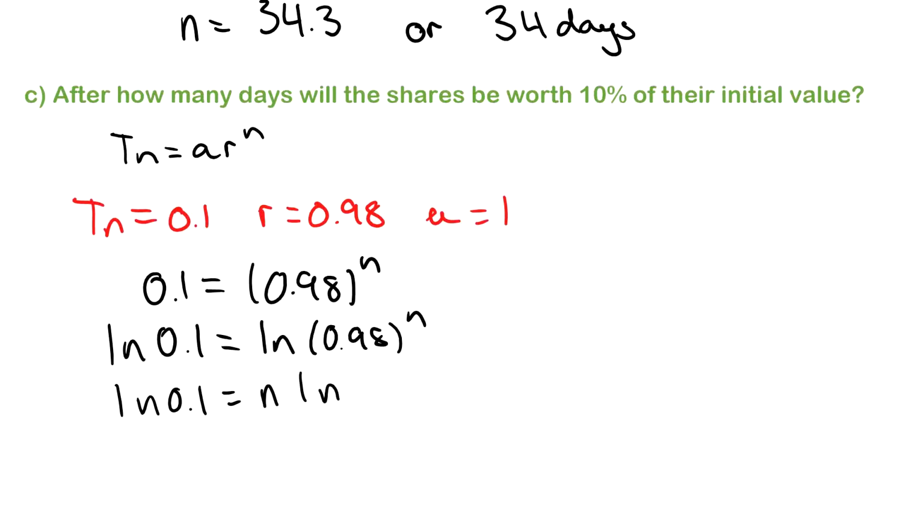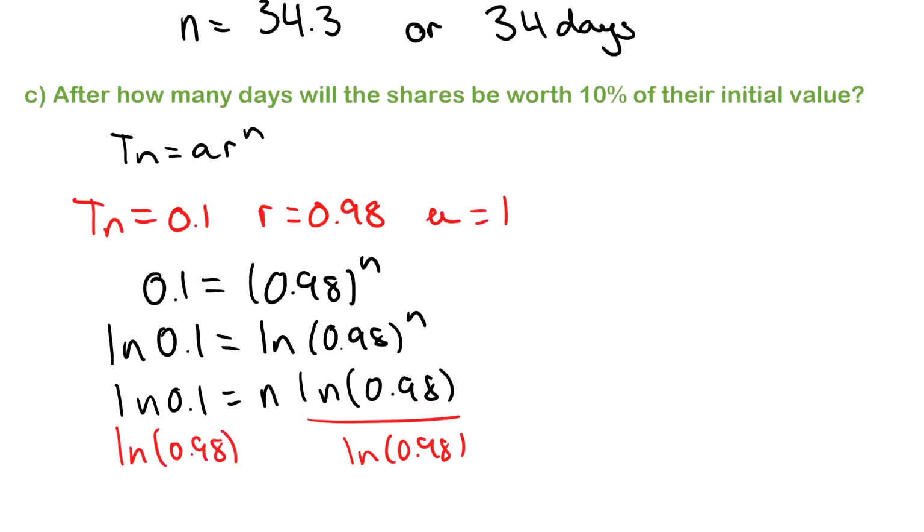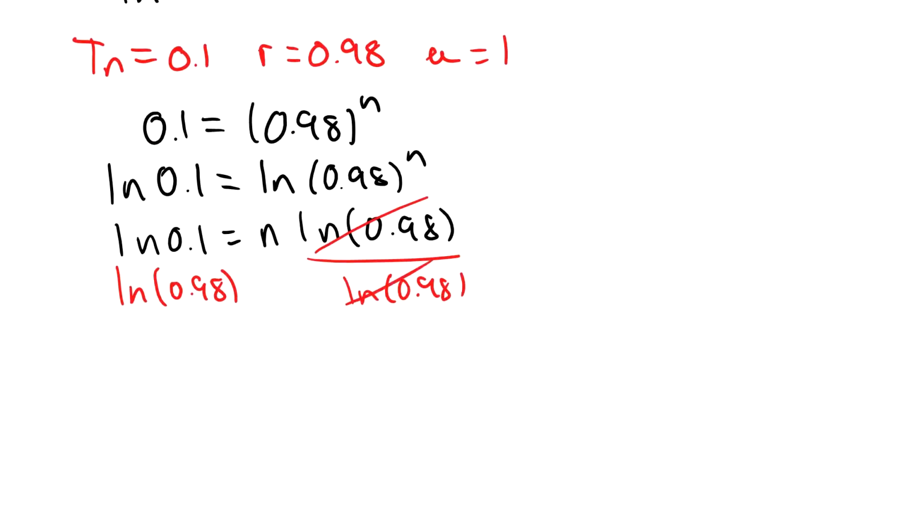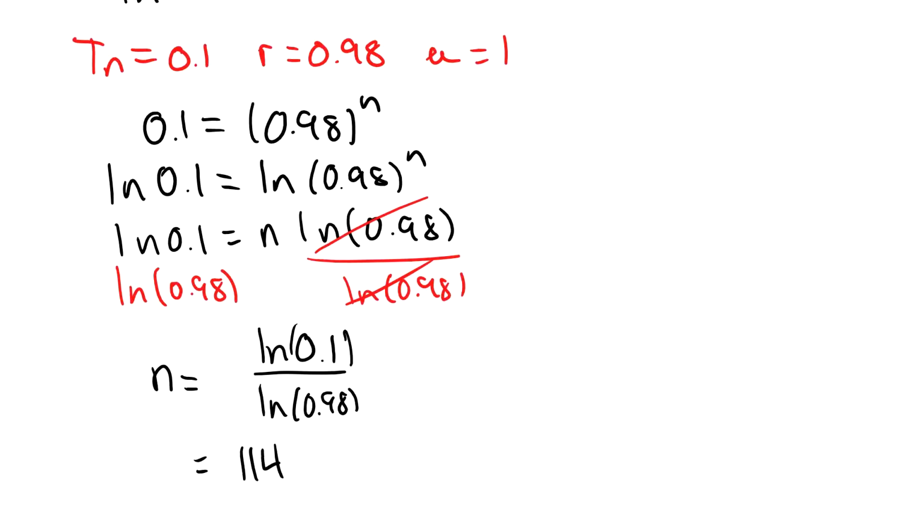Our N comes out the front because of our logarithmic rules, we divide by ln 0.98 as well, and we're left with N equals ln 0.1 over ln 0.98. Put that in the calculator and you get 114 days.